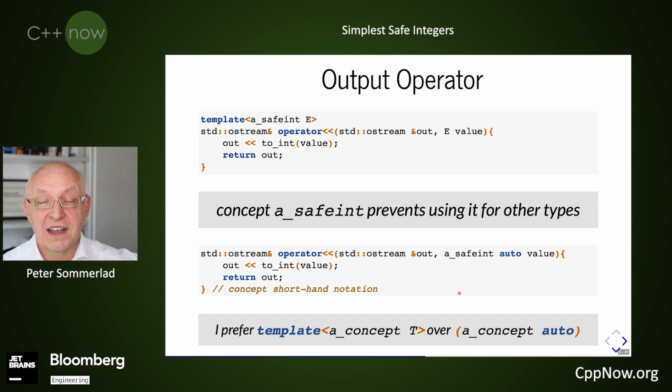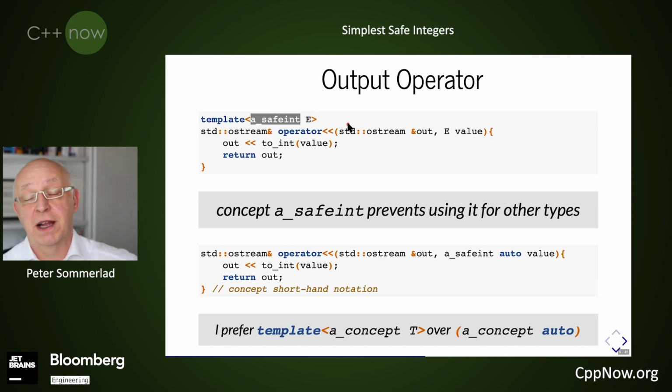Now, when you write test cases for your framework, you get the equality and relational operators for enumeration types from the compiler, but what you don't get is the output operator. So we have to provide an overload, and we use the concept here to limit the overload to just our safe enum types, our 8 different types.